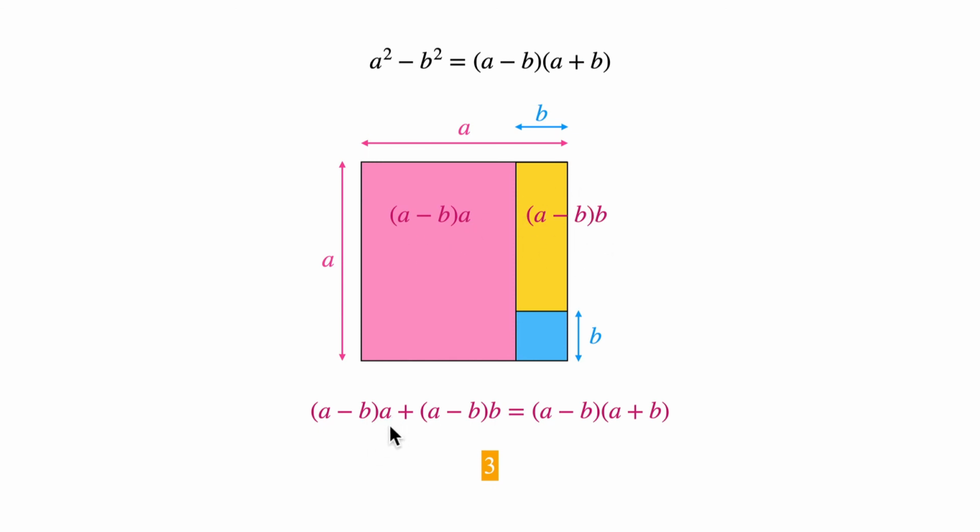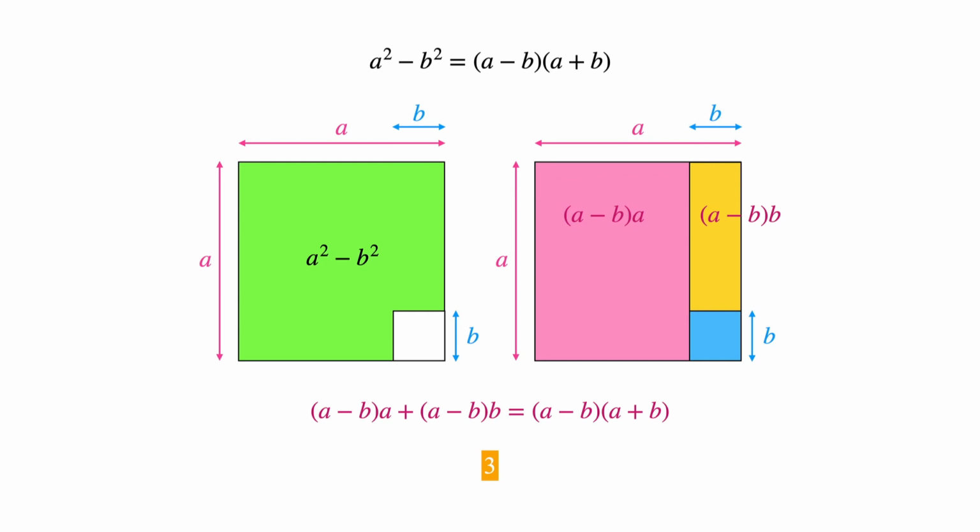When I add these two products together, I can factor out a minus b here, and in the parentheses I will get a plus b. So this is exactly the right-hand side of my formula. So in this way, the left-hand side, which is the area of this green surface, is equal to the sum of these two.